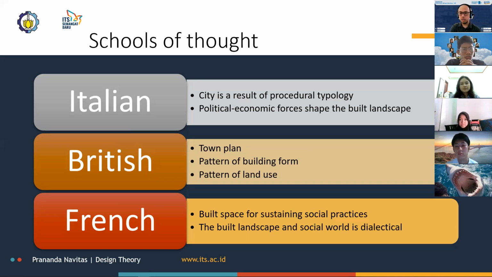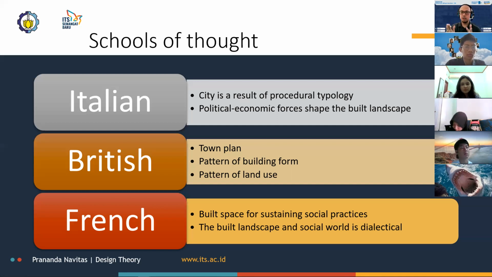So the Italian school of thought places an emphasis on political and economic forces that shape the built landscape, whether political or market forces. I guess if you look through the history books, you can see how the ancient Roman Empire configured their cities in a gridiron, so that they can easily mobilize their troops.